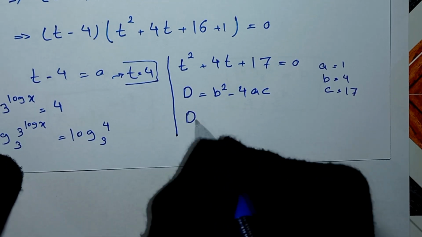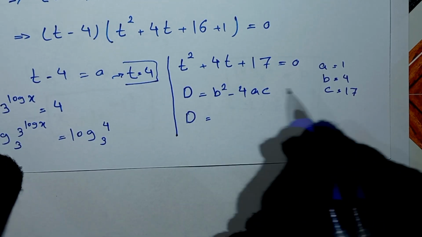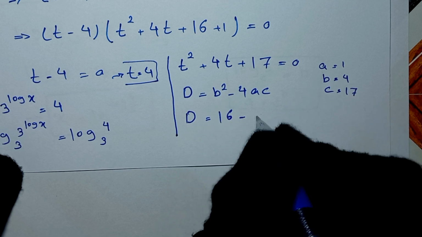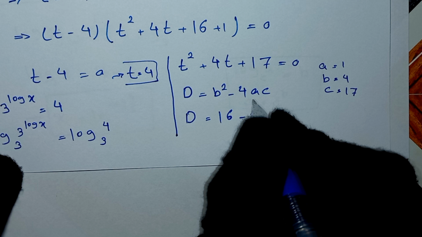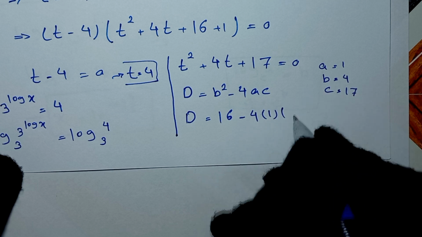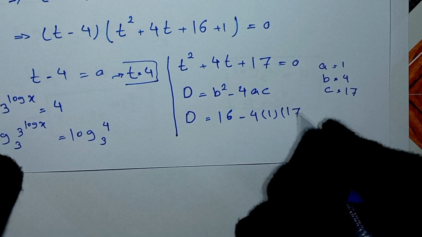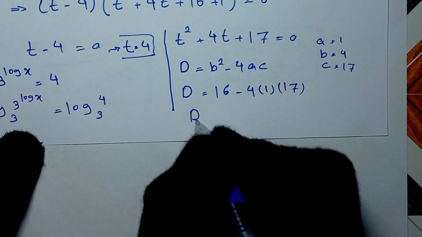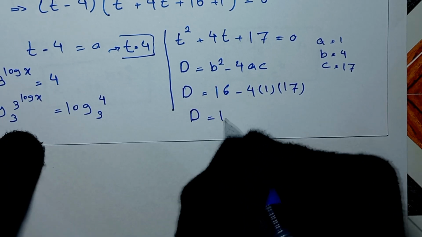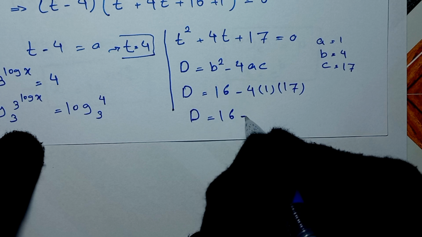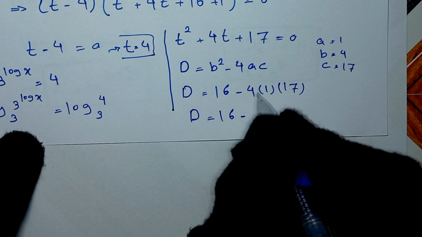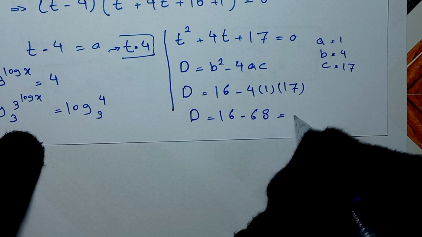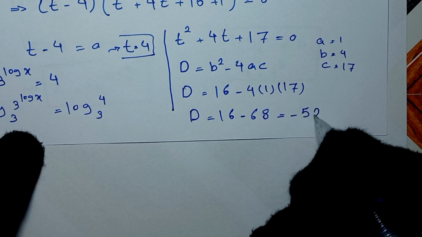So the discriminant is 4 squared, which is 16, minus 4 times 1 times 17, which is 68, and this is equal to negative 52.